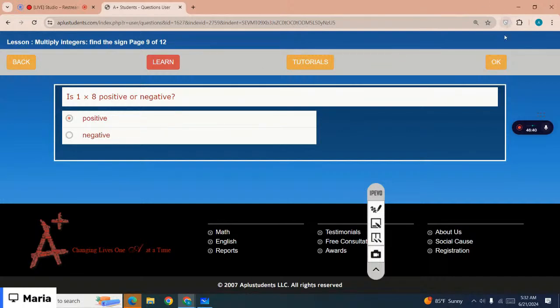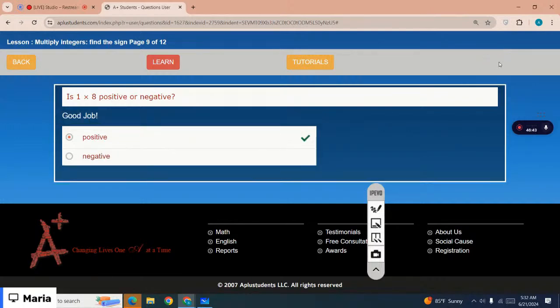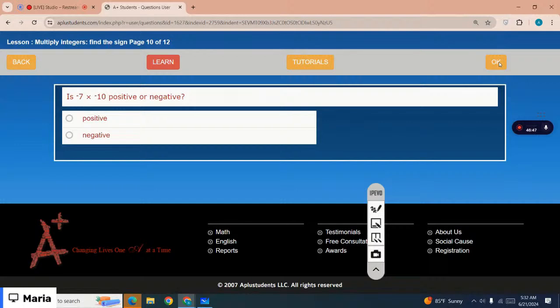The correct option is positive. Is negative 7 times negative 10 positive or negative? Positive it is. The correct option is positive.